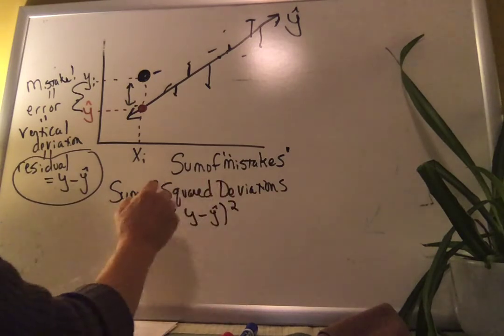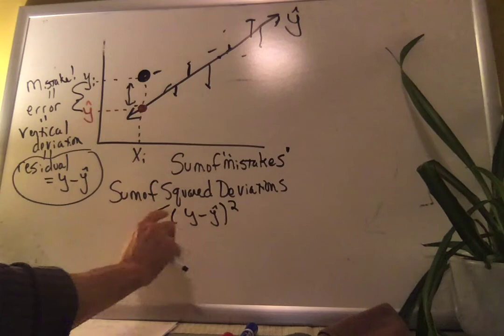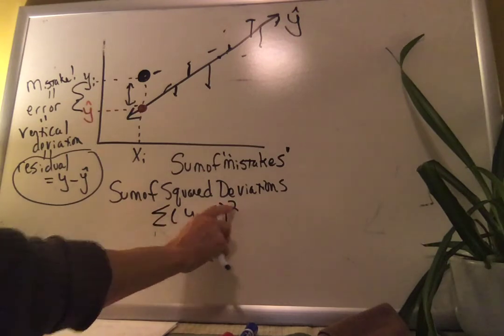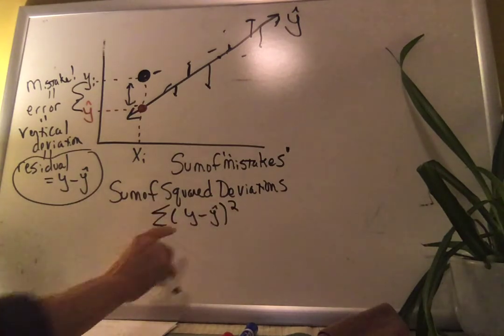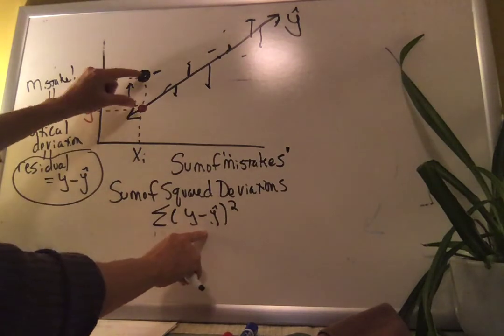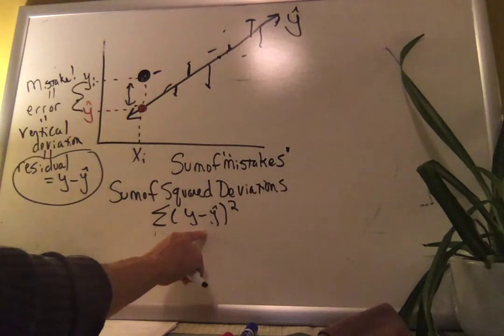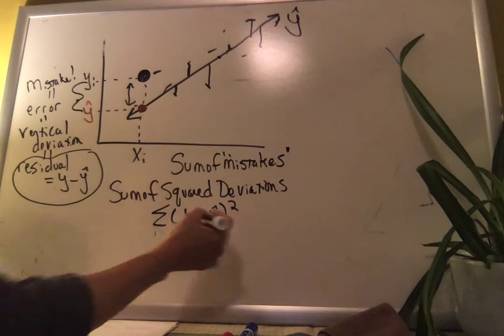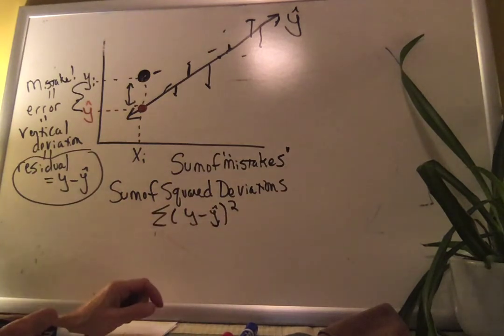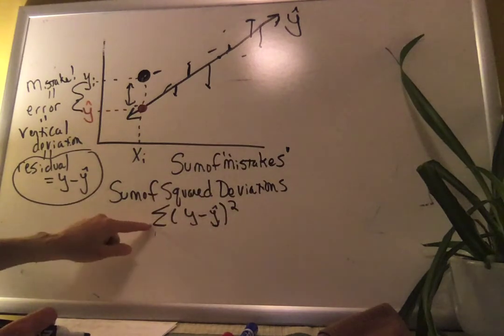Basically, it's the sum of the residuals squared, right? Because that's what my residual is. That's the distance for each data point. But we're squaring them so my positives and negatives don't cancel out. So that's the only reason we're doing that. And then we're adding them all up.